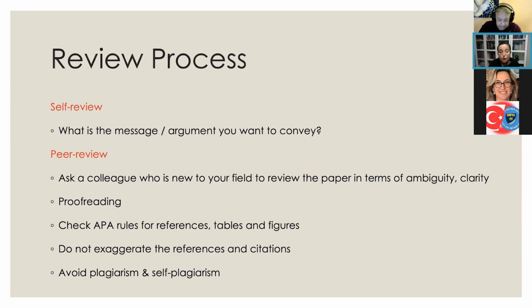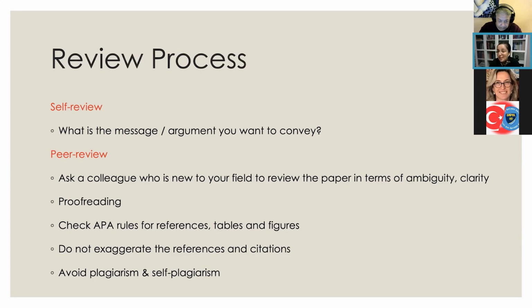And also, proofreading in the peer review part is important. Again, we should check the APA rules for references, tables, and figures throughout the paper. I think we should not exaggerate references and citations, because based on my previous experiences, sometimes reviewers find our in-text citations too many.